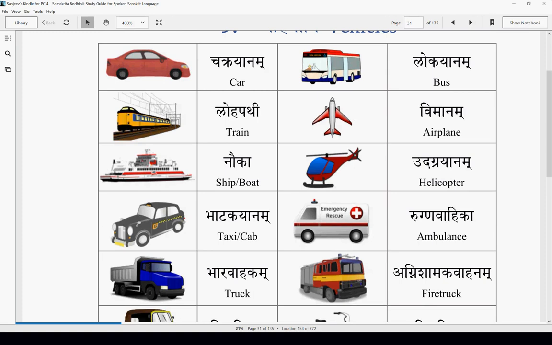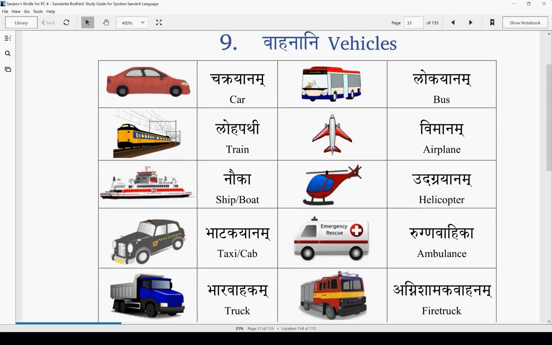Yanam is also Vahanam, so you can say Udagra Vahanam or Yanam. Udagra means up and forward, Ut Agra. It goes up and forward. That's how this new word is made.